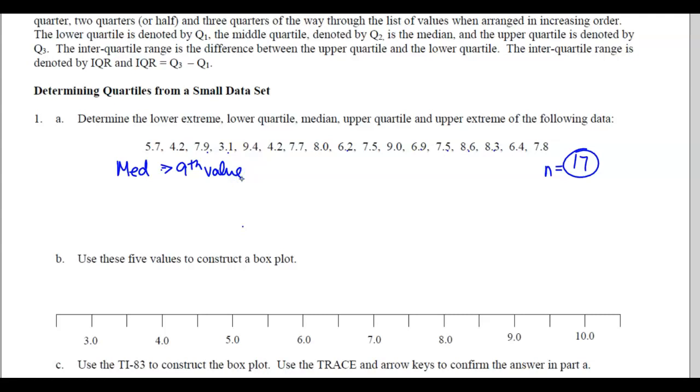Quartile 1 will be the average of the 4th and 5th data value. Quartile 3 will be the average of the 13th and 14th data values.